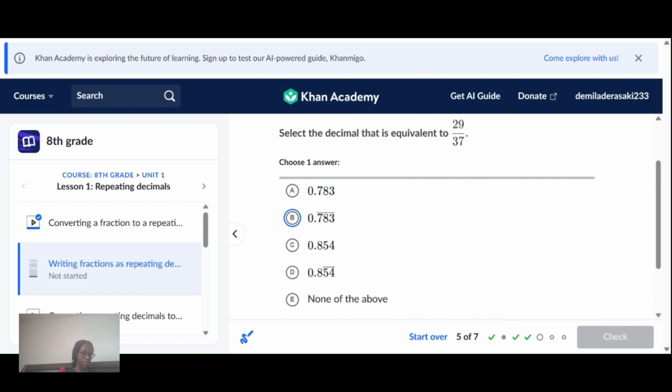296. So the closest is 37 times 7, which is 259. Now, 290 minus 259 is 31. Then you add another 0. 37 times 310.